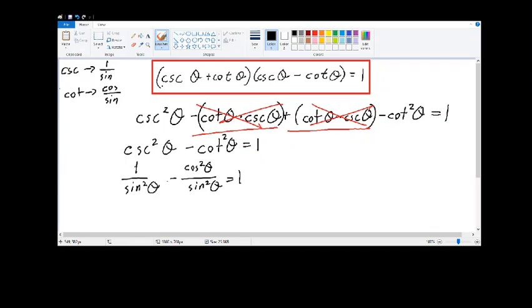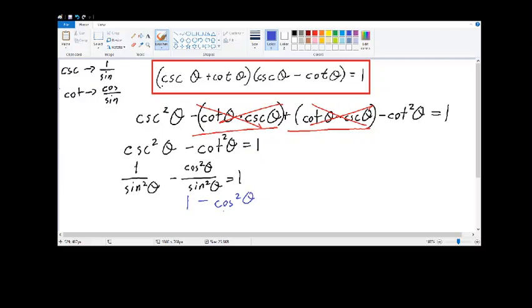What I notice is that both of the denominators are the same. So we can actually combine these together by the subtraction without any issue whatsoever, which would leave us with a cosine squared at the top over, we would have a 1 minus, you don't want to forget about that 1 ever.